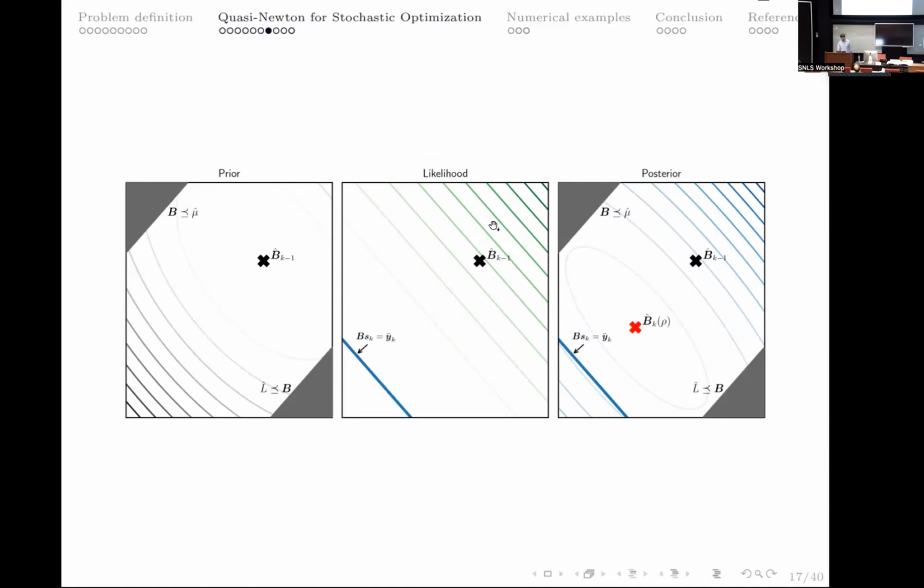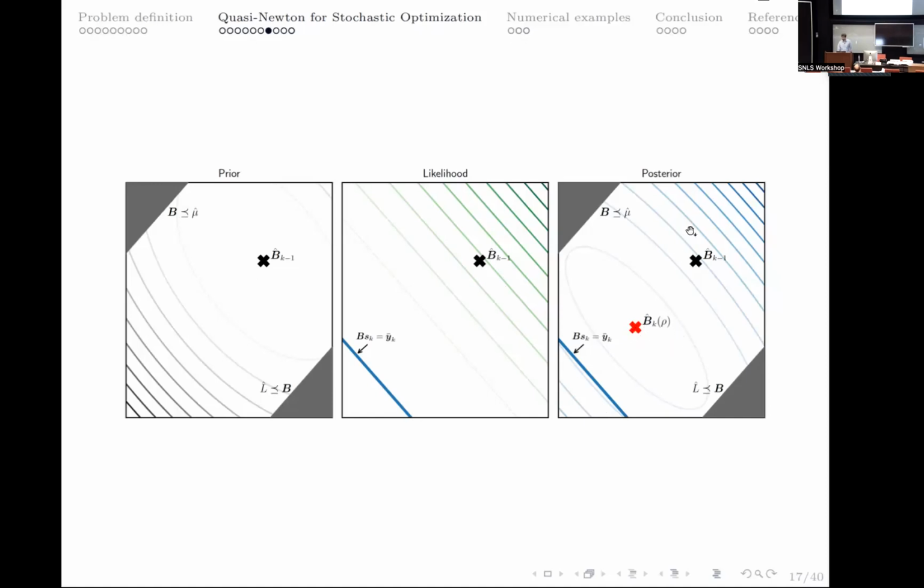Instead, the probability of getting close to this is larger, and this probability decreases as you get farther and farther away, depending on the precision, the knowledge that you have on this Y bar estimate here. So combining the prior and the likelihood, we have something like this posterior, where we will get a minimizer of the negative log posterior as denoted on this big X here.